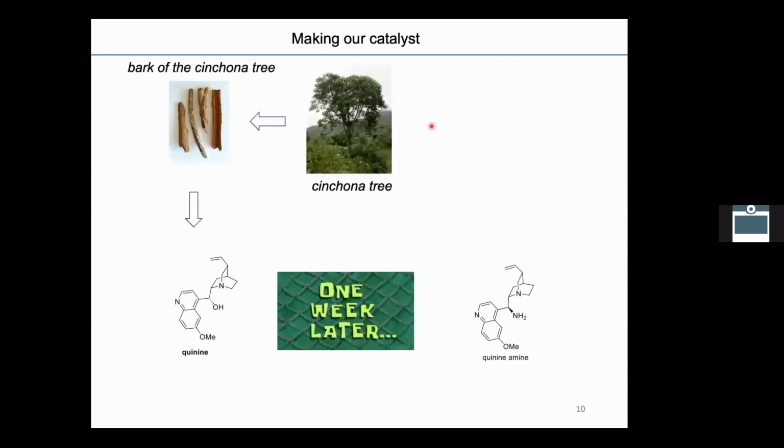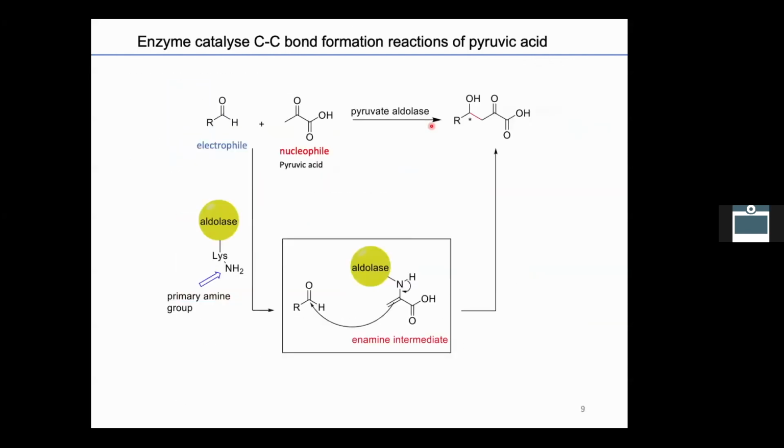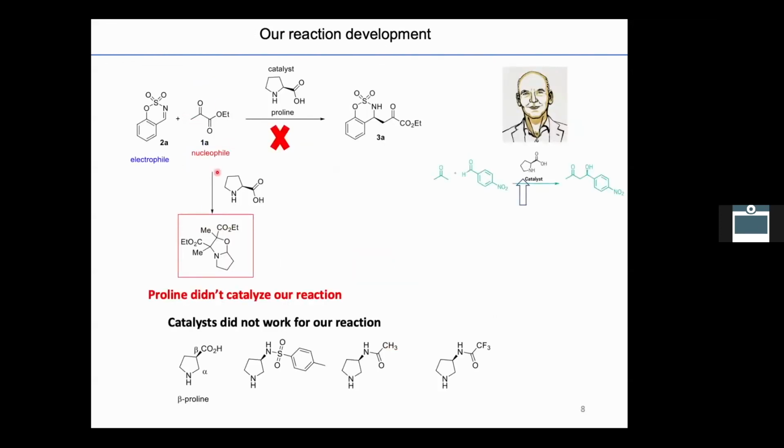Well, we did not try this because before we got to that point, we already got really good selectivity. But there are reports where not L-proline, but lysine and other amino acids were used to catalyze, not this reaction, but different reactions of ketone molecules in organic chemistry. Just a simple ketone was used, and it was found in some cases that you could make the corresponding product with very high selectivity. But in this case, we didn't.